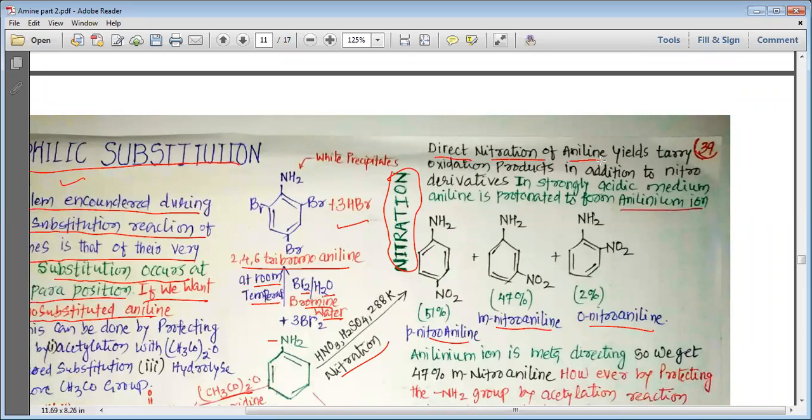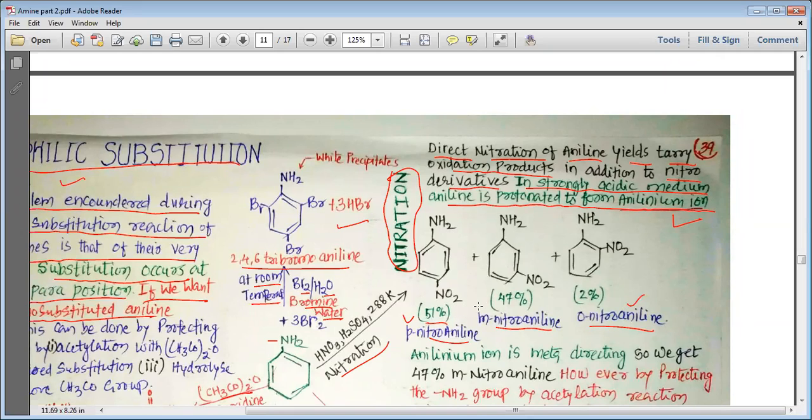Direct nitration of aniline yields tarry oxidation products. Remember, direct nitration of aniline yields tarry oxidation products in addition to nitro derivatives, and in a strongly acidic medium, aniline is protonated to form the anilinium ion. Generally, the amino group is ortho-para directing, so we should get para-nitroaniline and ortho-nitroaniline, and para-nitroaniline should be the major product.